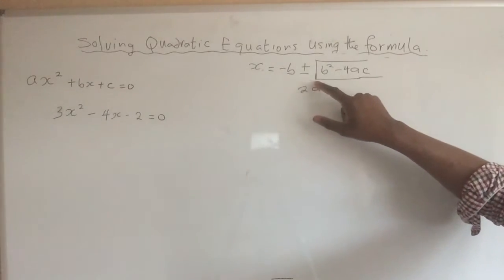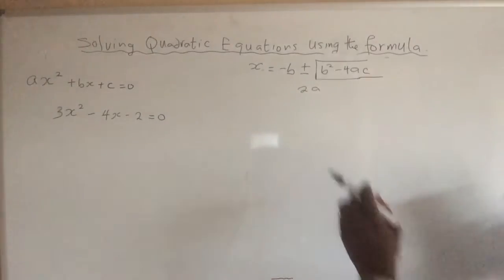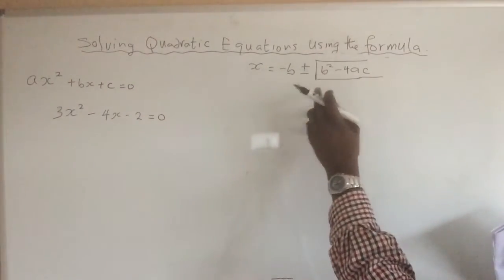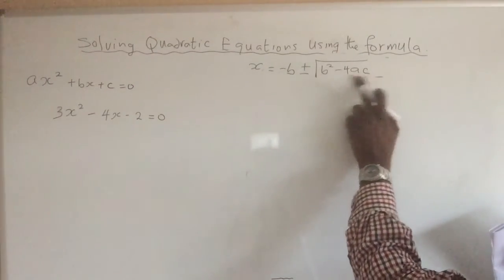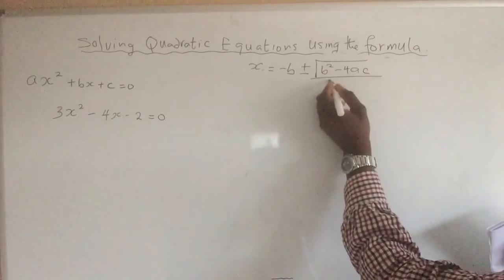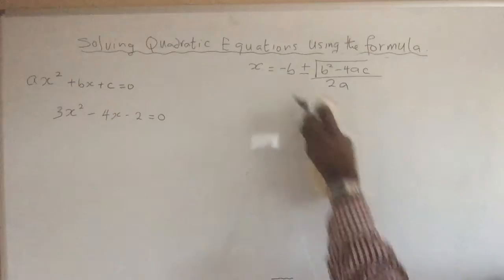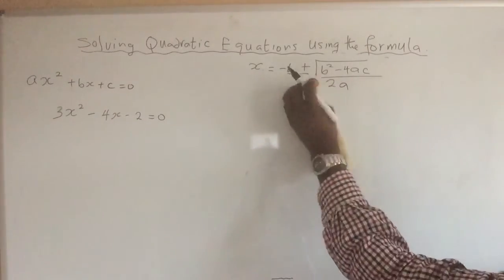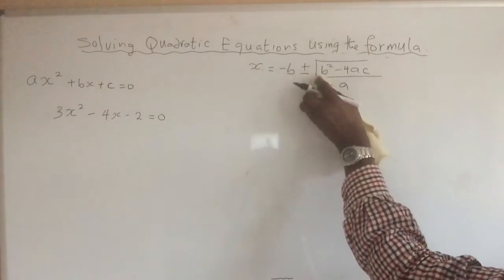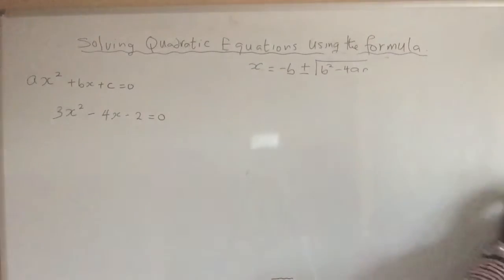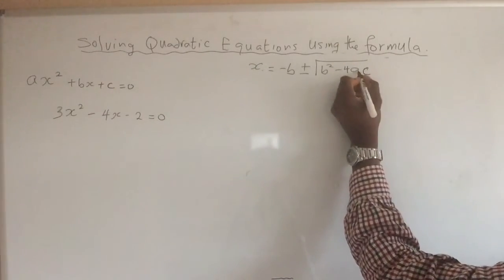It just doesn't cover this one. A lot of people make that mistake and say, well, it's minus b plus or minus, all of this just divide by 2a. No, please do not make that mistake. It is b squared minus 4ac, and all divide by 2a.